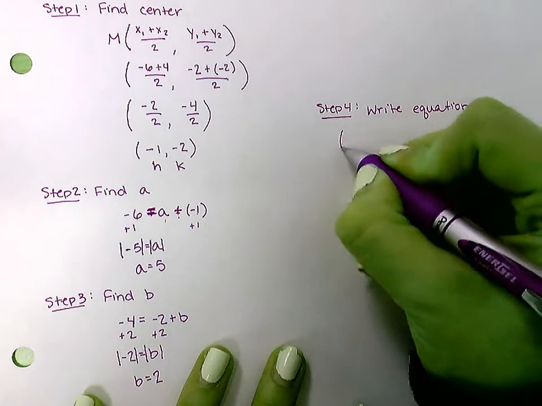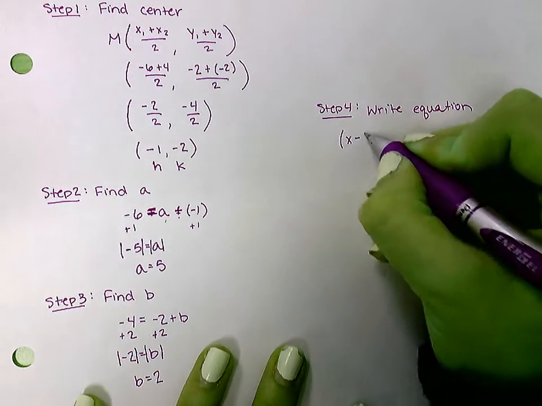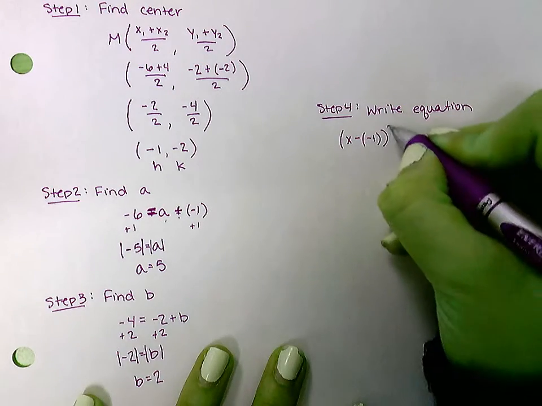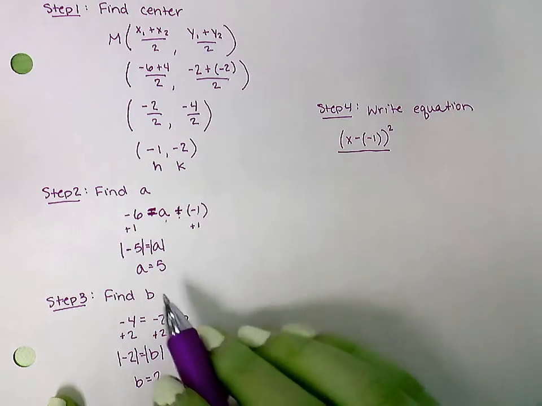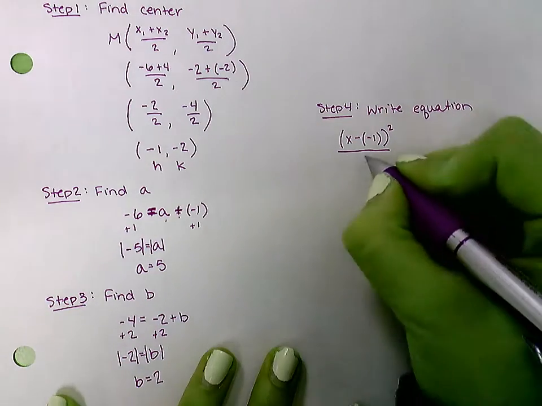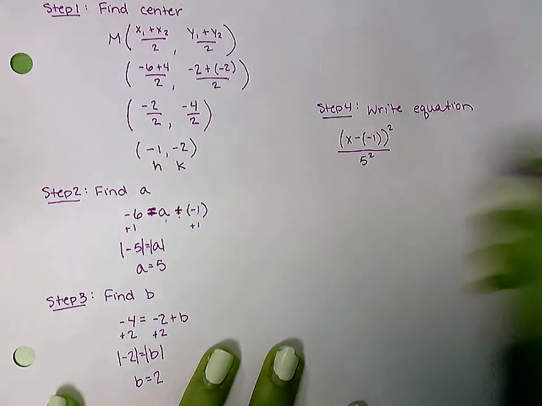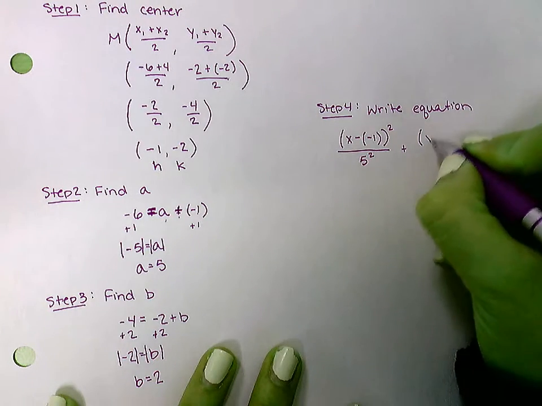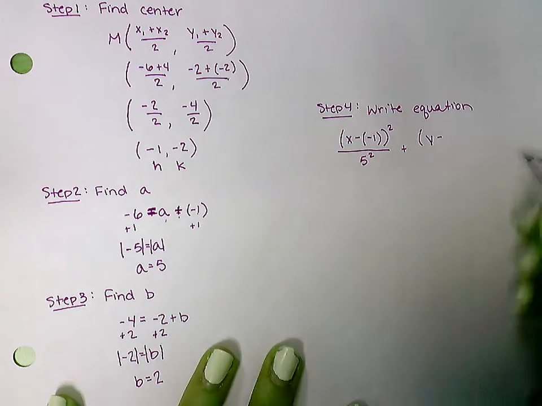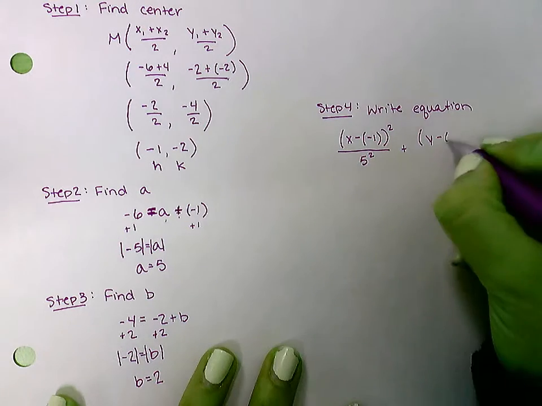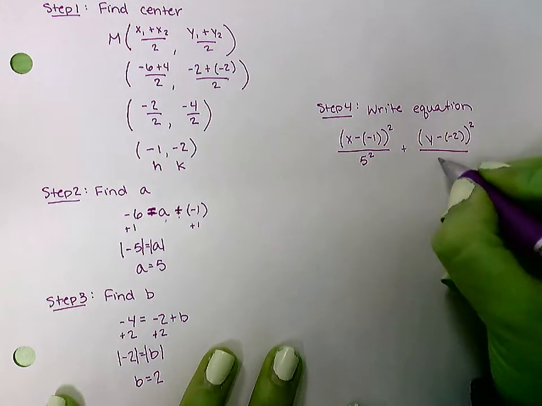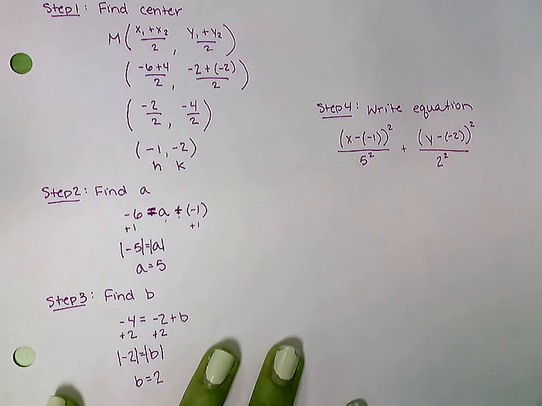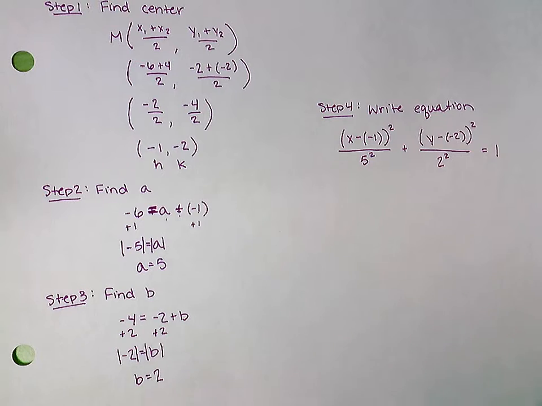So I'm going to have x minus our h value is -1, that's squared, over our a value was 5 squared, plus y minus our k value was -2 squared, over our b value was 2, that's squared, and that's equal to 1.